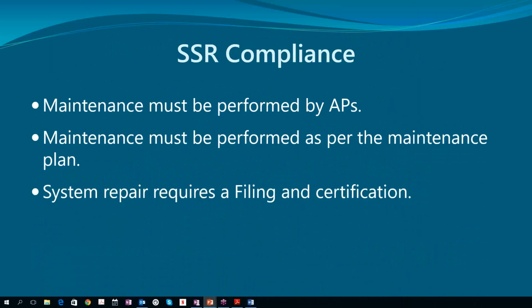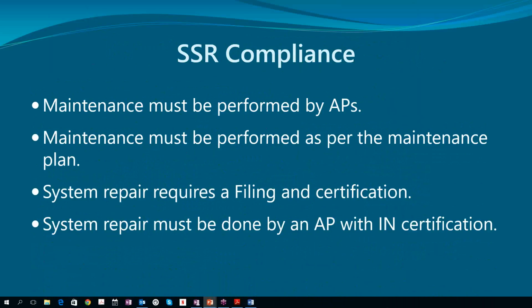And system repair requires a filing and certification, because system repair is construction, not component repair, but system repair. Back to that table that had the two columns. So that requires a filing before the work is done, certification within 30 days, and so on. And then system repair has to be done by an authorized person.